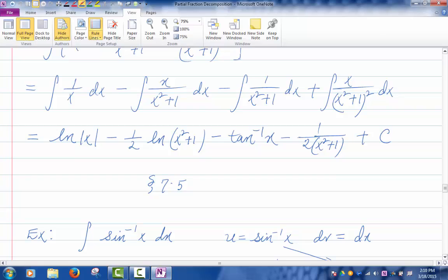In 7.5 you have a bunch of integral problems, and you just have to go over them. You already know the techniques and the formulas, you just have to evaluate them. So there is no theory that I have to cover from them. You already know everything you need to know.